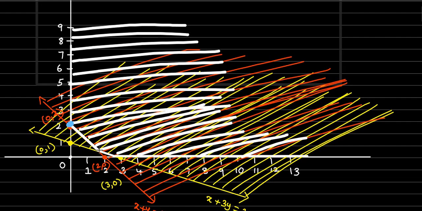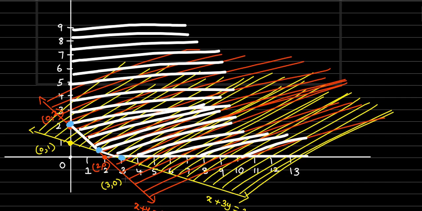You can notice that the red line and the yellow line both meet here, so this will be another corner point. And here the yellow line meets the x-axis, so this will be one more corner point. So we have only three corner points here.